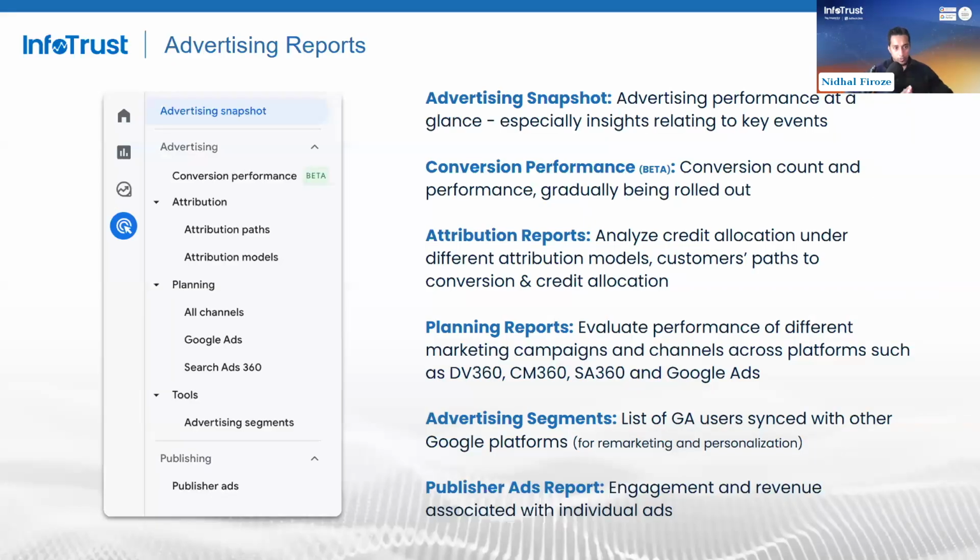There's a bunch of reports available here, more getting added, some of them in beta. One of the best parts about these reports is that they give you more of an end-to-end view of how certain campaigns performed: the number of impressions an ad got, versus the number of clicks on those ads, versus the actual website behavior after someone landed on the website.